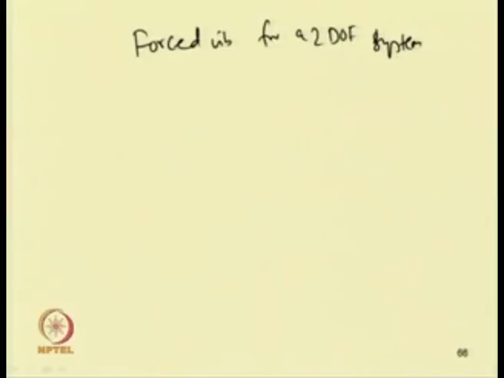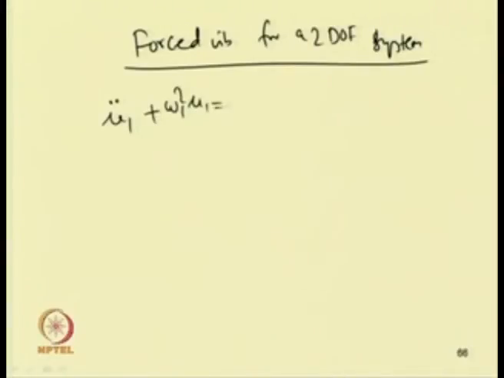So, let us take this equation, and it is left as an exercise problem also. For a 2 degree of freedom system, the equation can be written in this form: U 1 double dot plus omega 1 square U 1 equal to minus 2 epsilon mu 1 U 1 dot, taking quadratic nonlinearity, plus U 1 into U 2 plus F 1 cos omega 1 t plus tau 1.